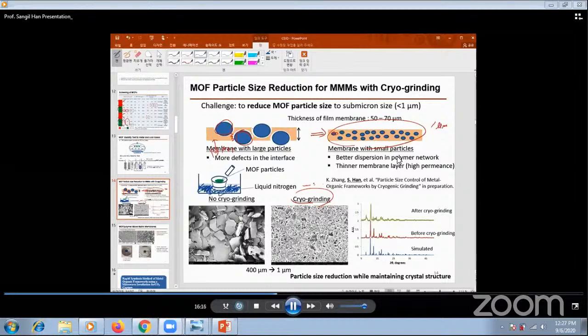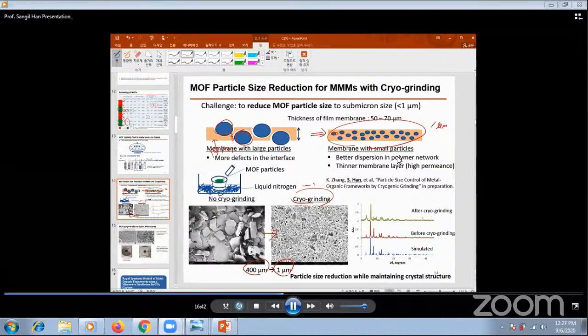Like you see in this SEM image, the particle size before cryogrinding was 400 micrometers. But after cryogrinding, in less than 30 seconds to 1 minute, the particle size was reduced a lot, to 1 micrometer. Also, we checked the XRD data.